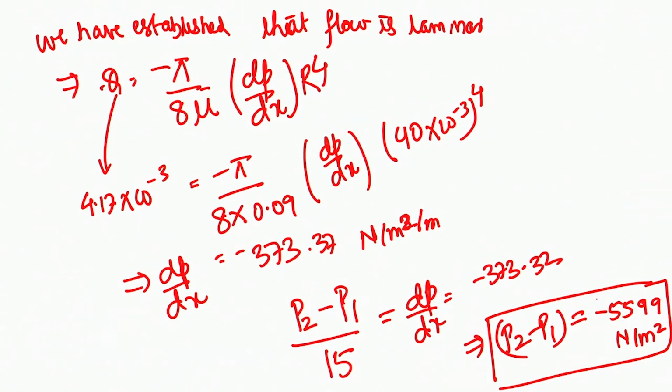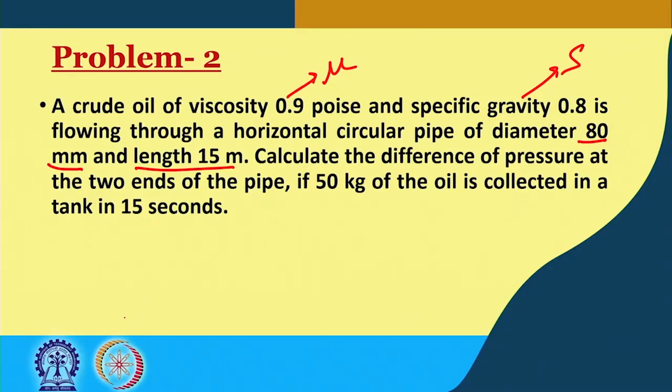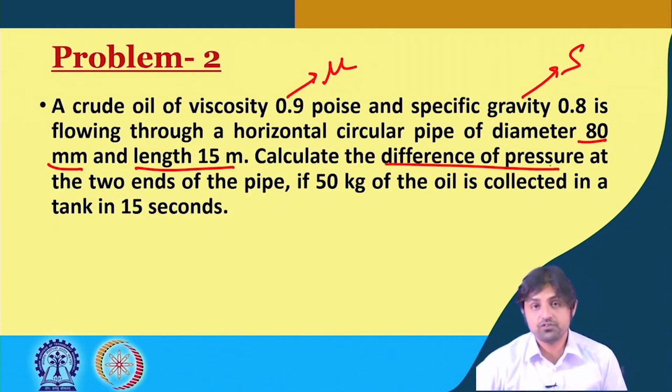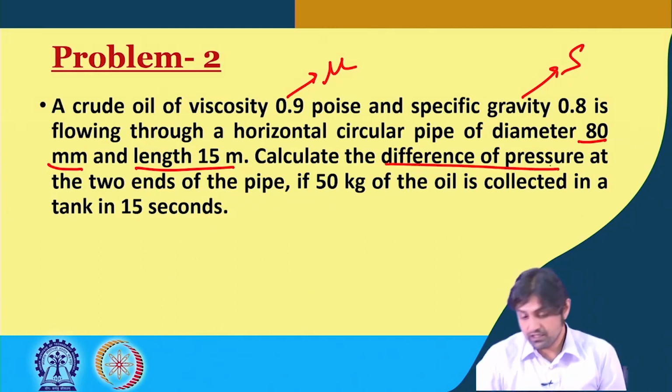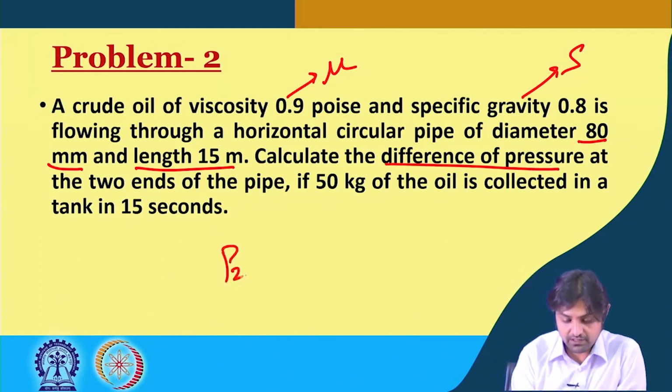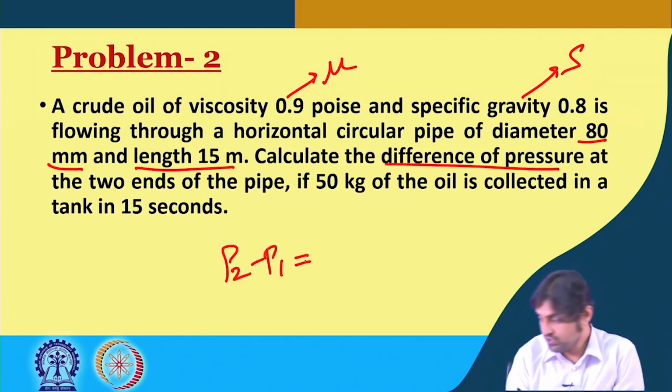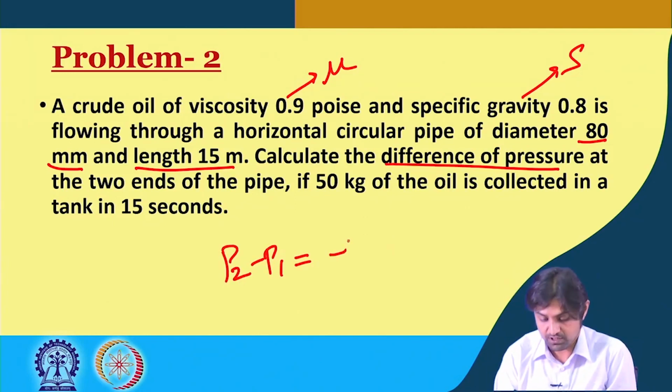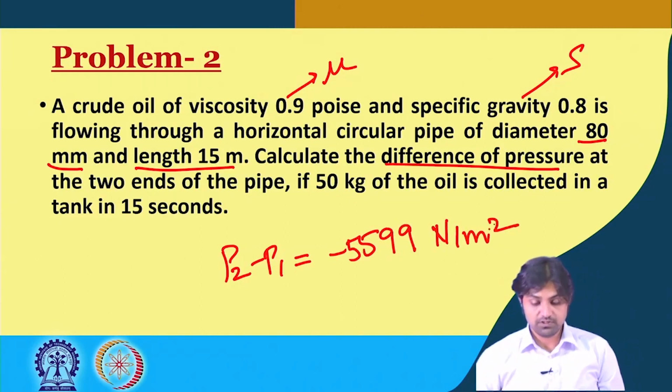This is the final calculation, the difference of pressure. So, P2 minus P1 came out to be minus 5599 Newton per meter square.